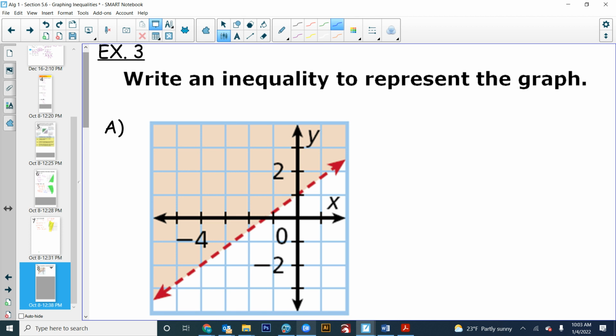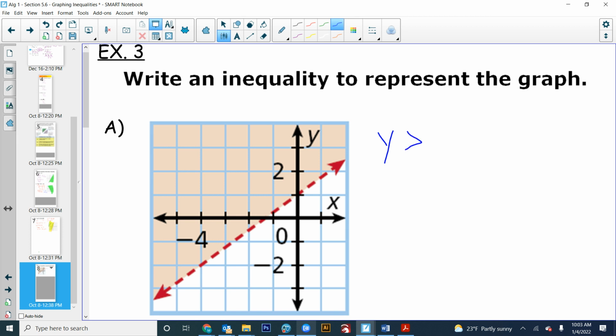Write an inequality to represent the graph. All right. Well, last problem for today. I would write y. And am I going to put greater than or equal to, less than or equal to, just greater than, just less than? Luca, what do you think? I agree.